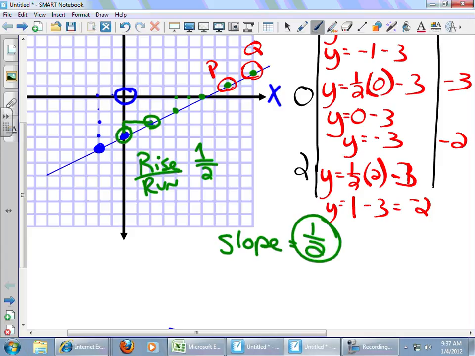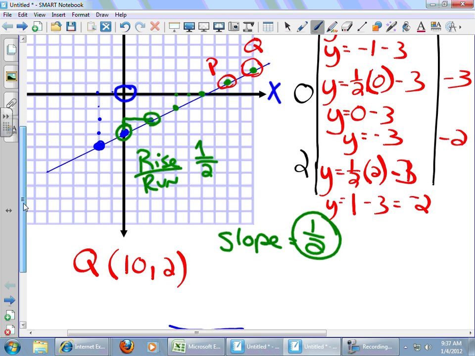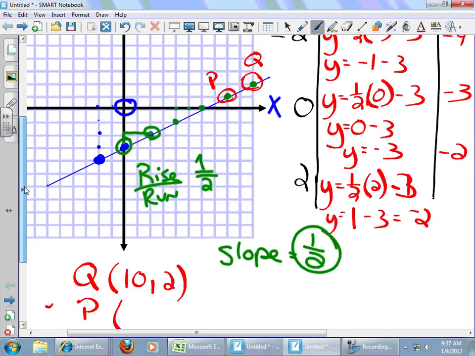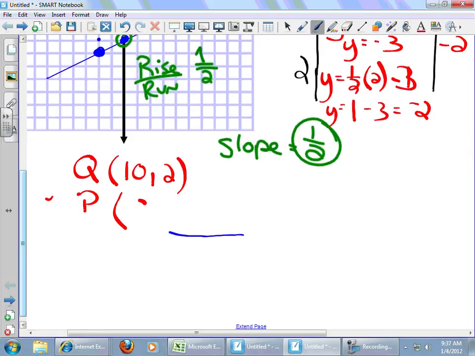I'm going to write the coordinates of Q, which would be at 10, 2. And P would be, I think, at 8, 1. Okay, there's the coordinates. Now I just noticed something kind of peculiar.